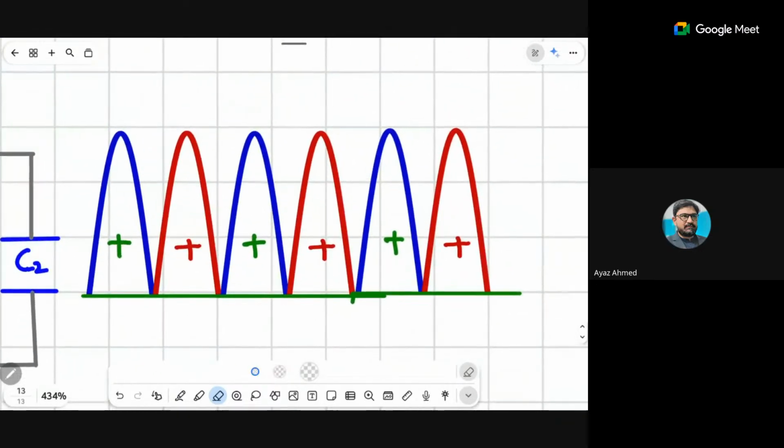When the capacitor is used, while the energy is being released, let me call some points here: A, B, C, and D. I will explain the capacitor for one half cycle, and then for the next half cycle it will be very clear to you. When your voltage increases from A to B, the capacitor is charged.